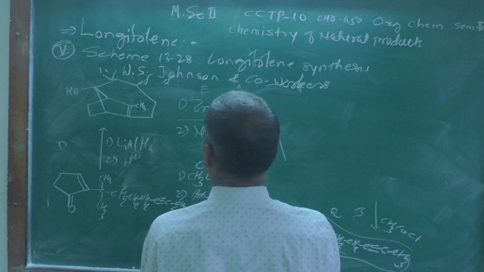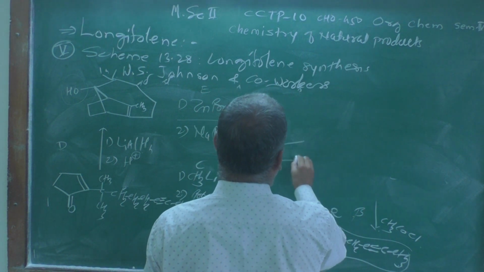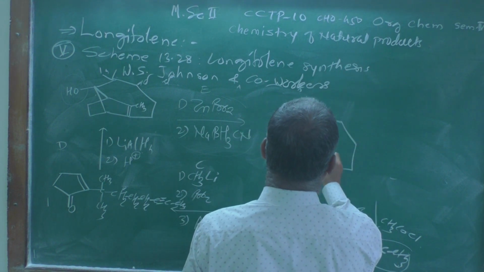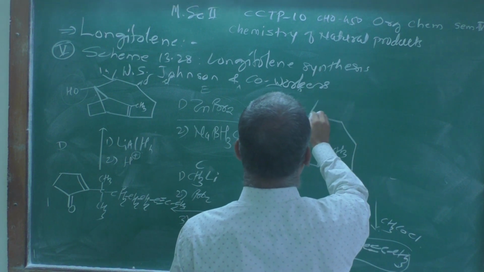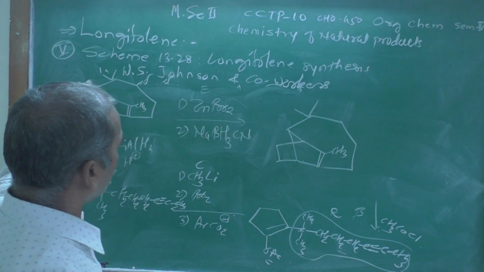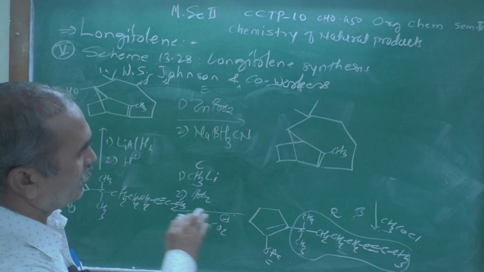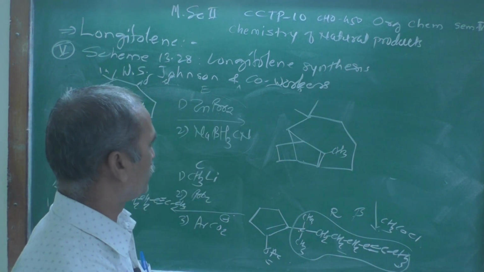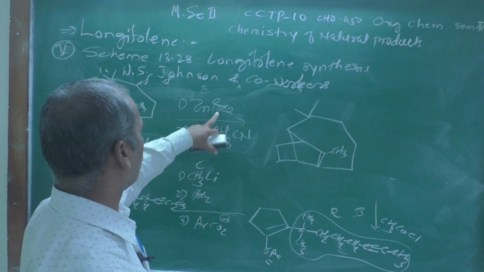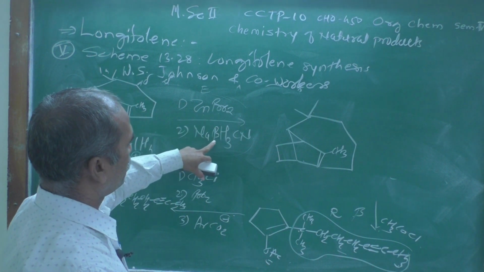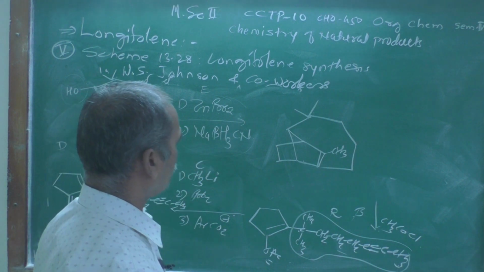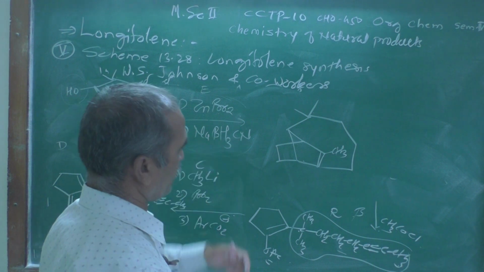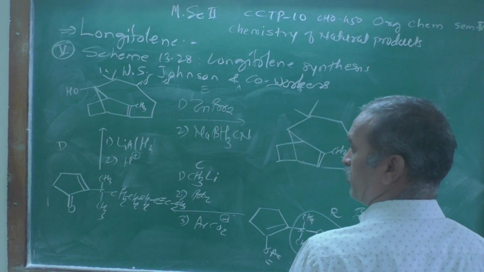Here is this one, the product which we are going to get, with CH3 and 2 methyl groups. The only change is that this hydroxyl group is reductively removed, selectively removed by using this reagent, that is zinc bromide and sodium cyanoborohydride. So that is the name of that compound.